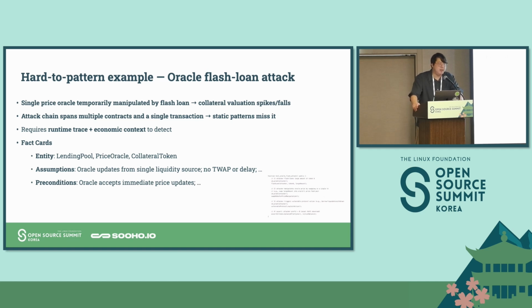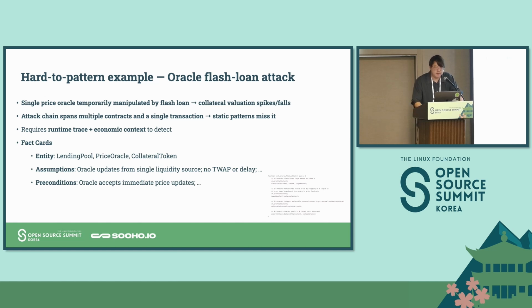It means the oracle gives the time-weighted average price, so they can respond to some imminent large price effect. We then supplement the fact card with runtime traces or simulated witnesses to confirm the issue. The combined package, fact card plus witnesses, is attached to the signature so anyone can understand the assumptions and reproduce the findings.